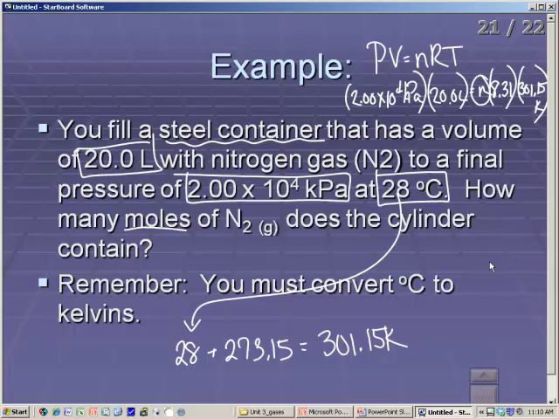Okay, I get a final answer N equal to, and I'm going to go ahead and shoot for 3 sig figs because I'm looking at this 2.00 and I see this 20.0. So I'm going to shoot for 3 sig figs on this and call it 160 moles. Now you guys check your math and see if you can get that as your final answer.